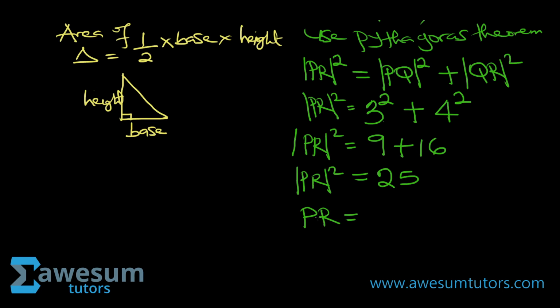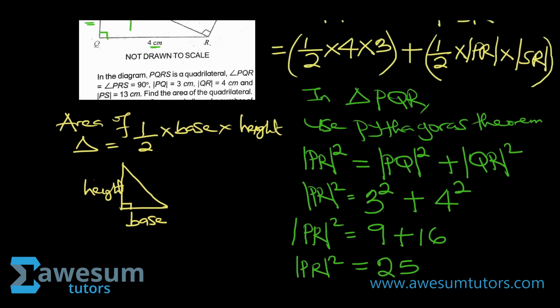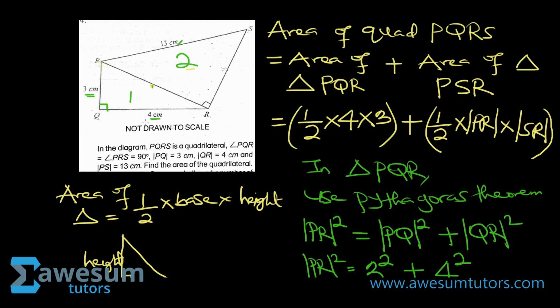So PR equals the square root of 25, which gives you 5. Very good. So now we've gotten line PR, which is 5 centimeters. Now if you also take a look at this, we need SR.